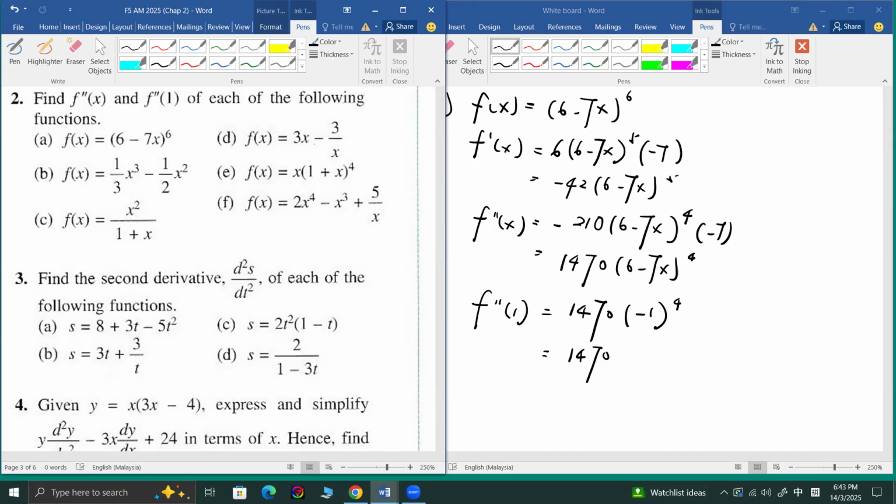So question 2b until F, and question 3, try as homework.